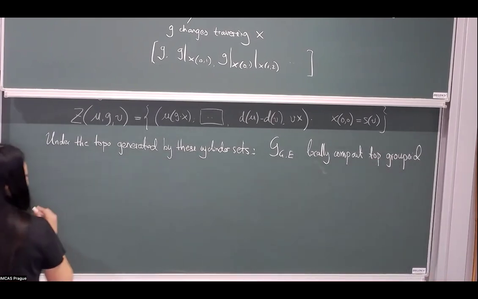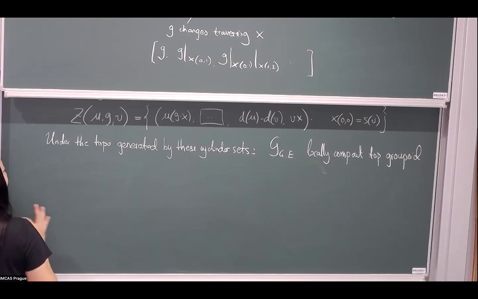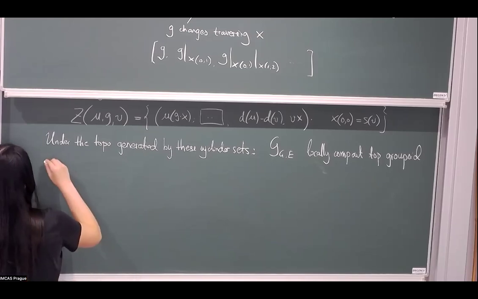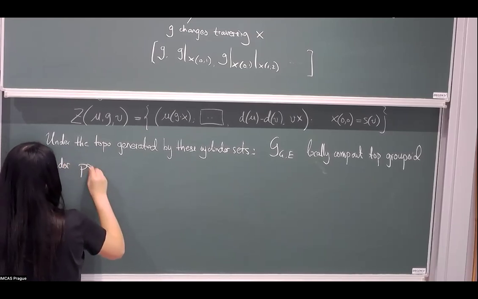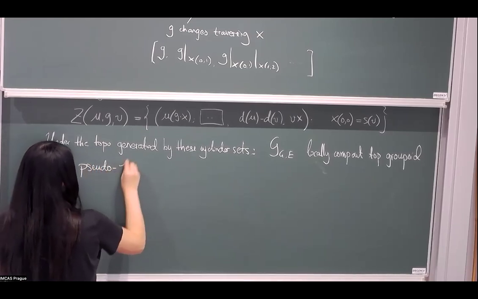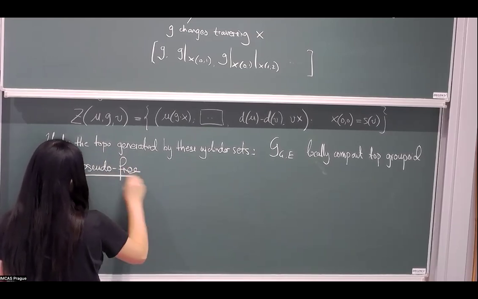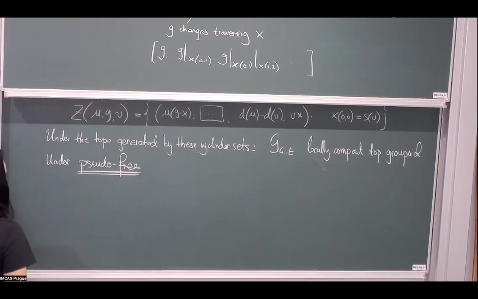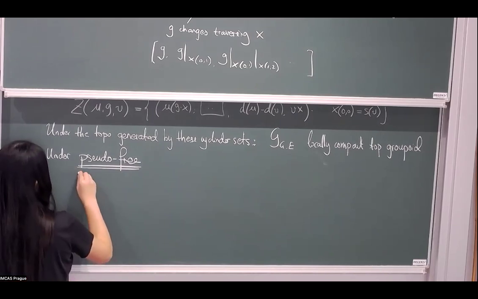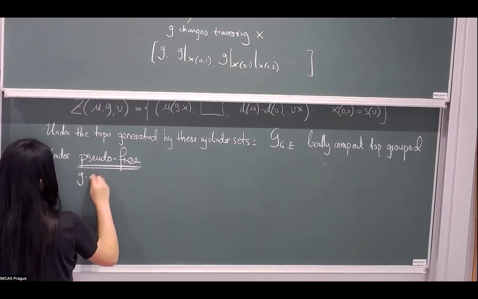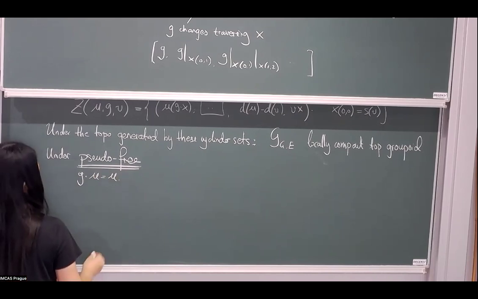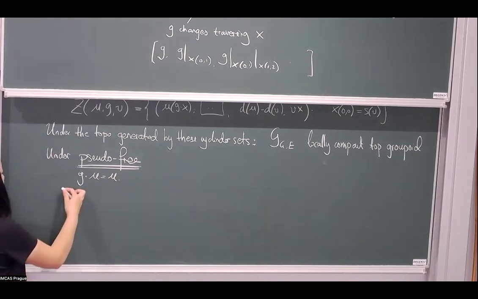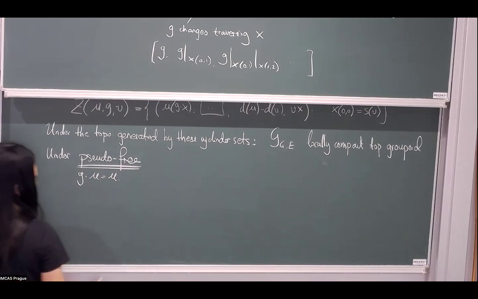And this condition is kind of like freeness, but much weaker. It's called pseudo-free, which means that if G fixes some finite path mu, well, freeness would tell you that this G has to be the trivial group element.